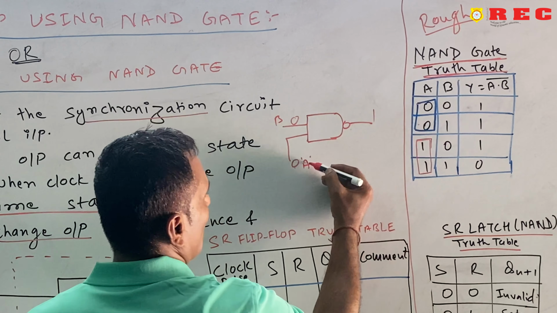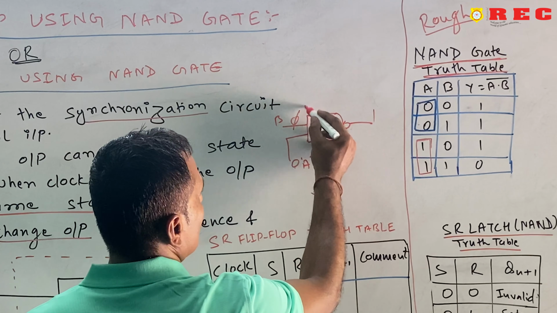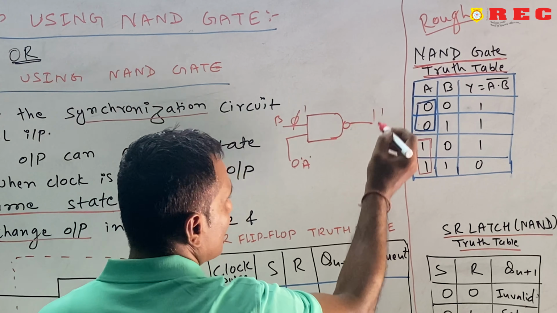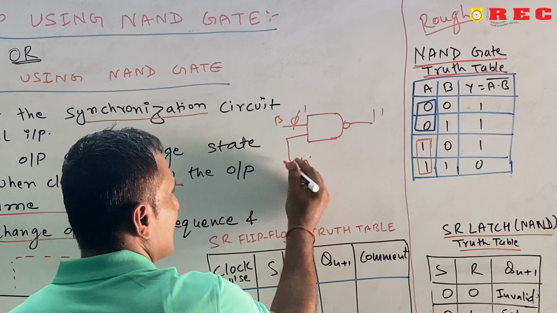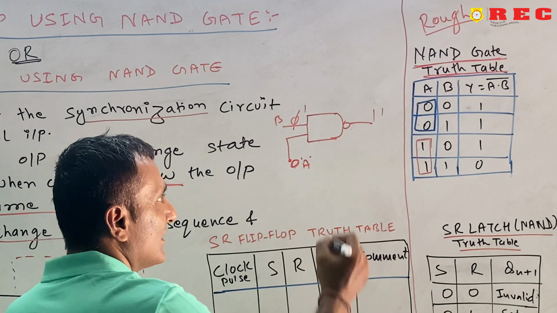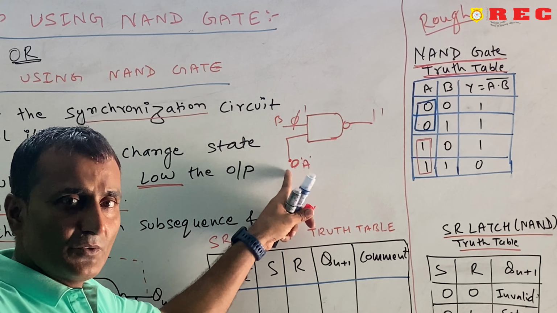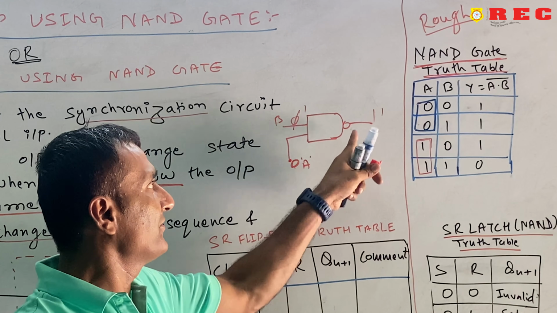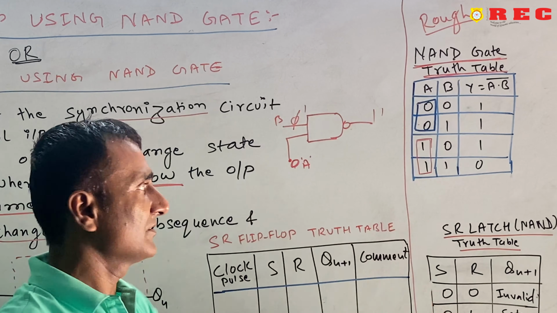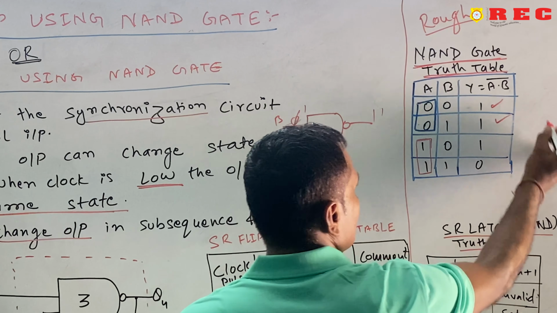If this is 0 and we are putting 1 here, the output is again 1. So, that means if one terminal is fixed by 0, then the other terminal may be 0 or 1, there is no effect, the output is only 1.